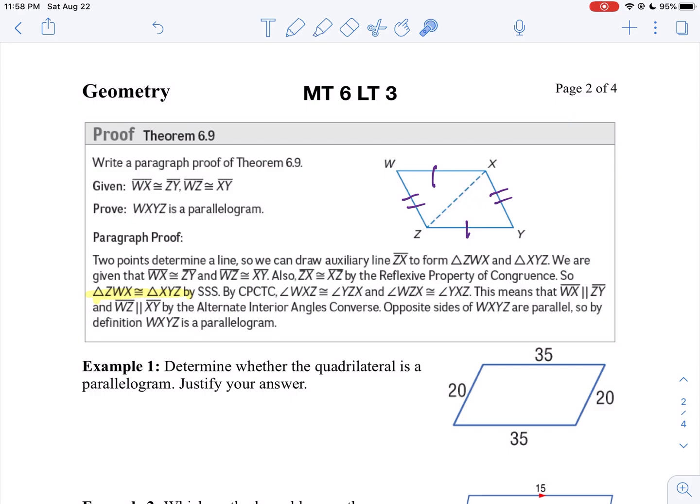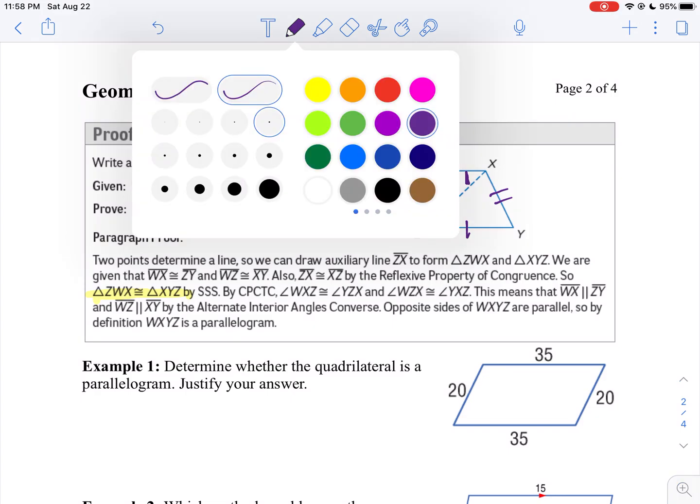Then, by CPCTC, we know angle WXZ is congruent to angle YZX. And since those pair of angles are congruent, we have the other pair of angles that are congruent.